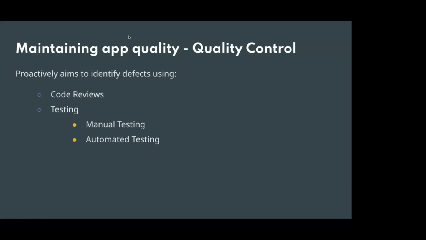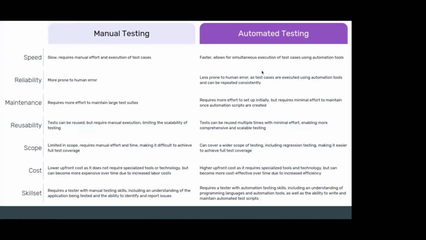And then we also have testing. Testing can be done by humans. So that is what we have as manual testing. And also testing can be done via an automation framework. So we'll be considering automated testing for this webinar. So for the two categories of testing, they are not mutually exclusive.